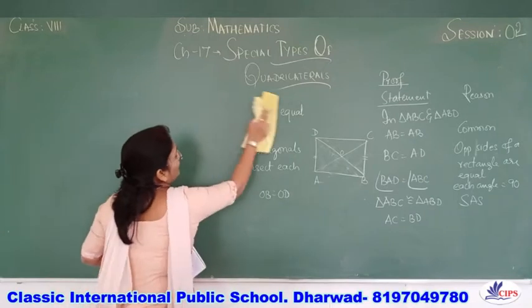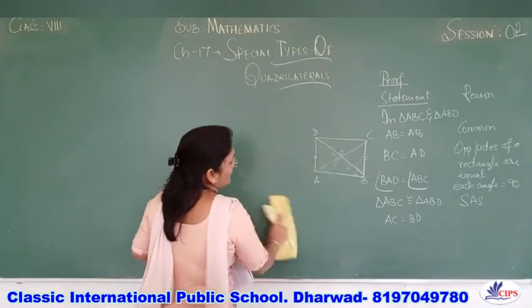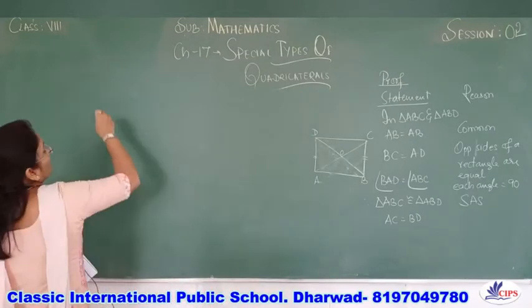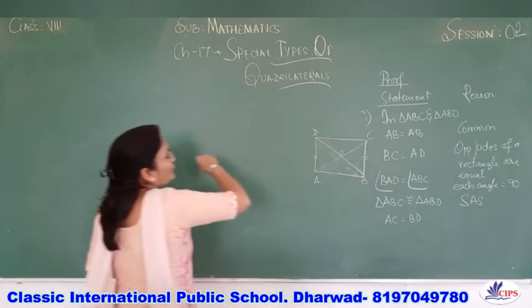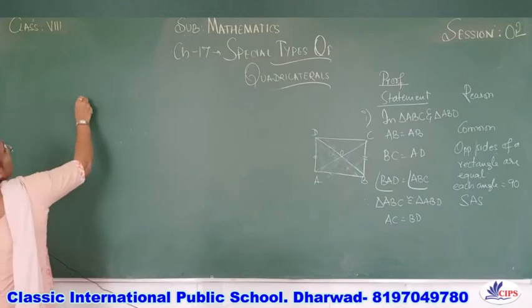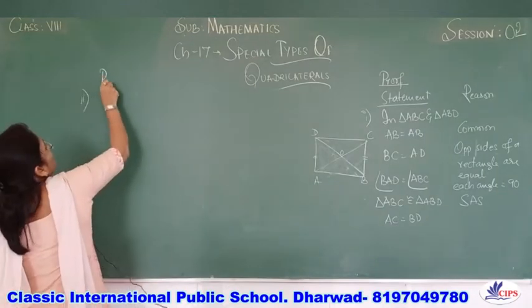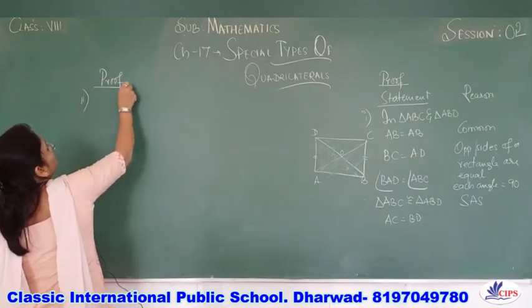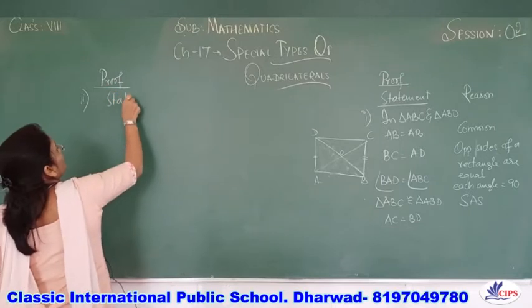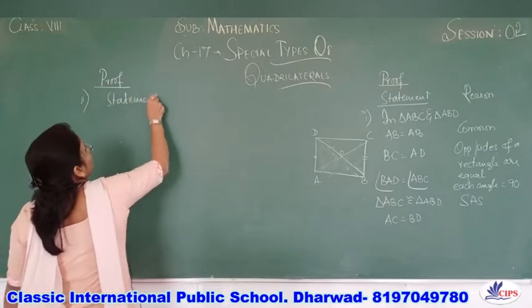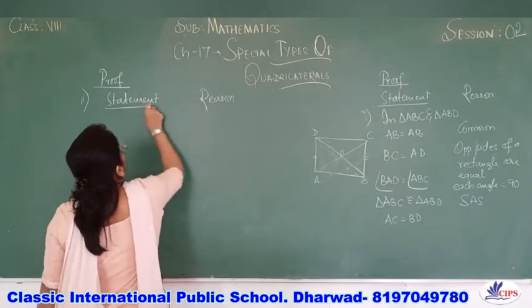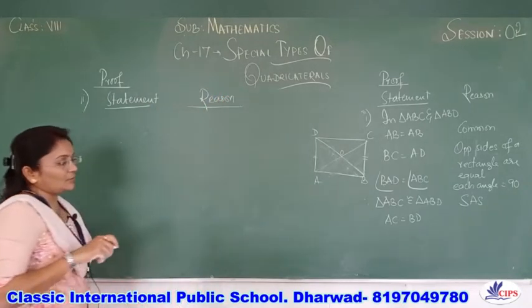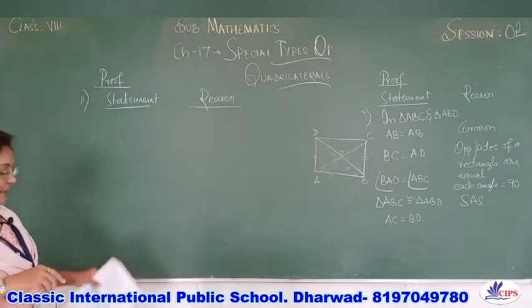Again we need to write the statement and reason. So this is the first one, then we have to prove the second one now. So this is the proof, with statement and reason. Now we have proved that AC is equal to BD.